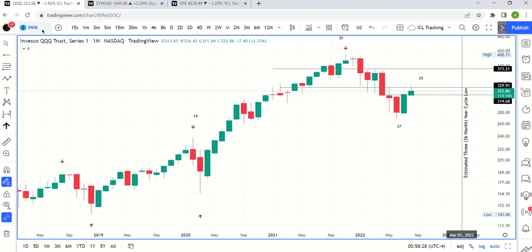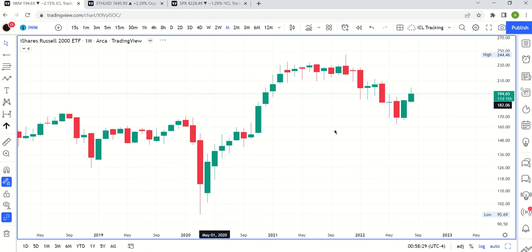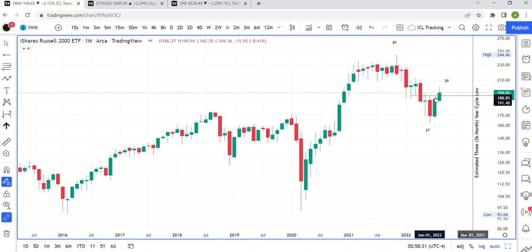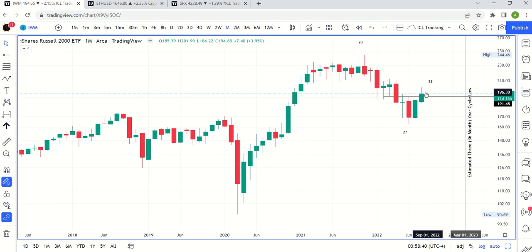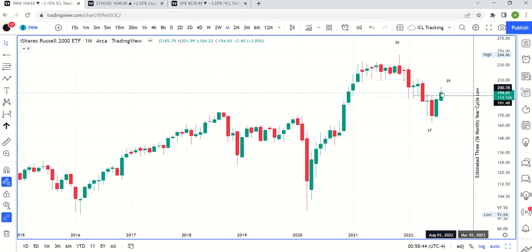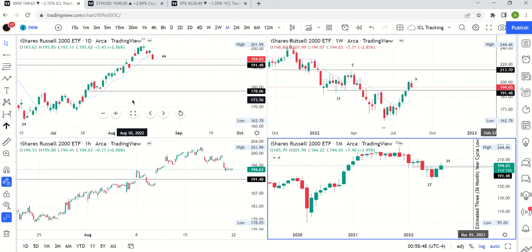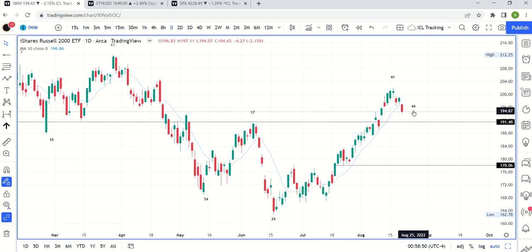And if we look at IWM, same picture, different levels. This one is definitely a bit more comfortably above that swing low, but also you can see it's a pretty gnarly upper wick. If we look at the daily, similar to the Qs, it closed well below the 10-period moving average.